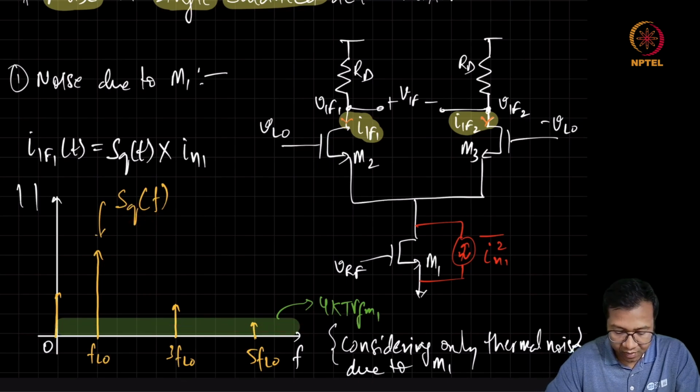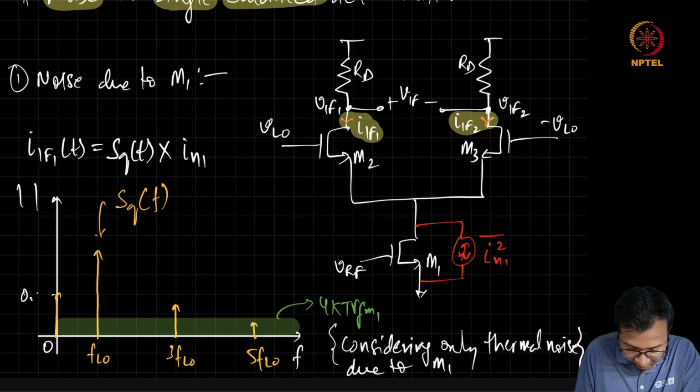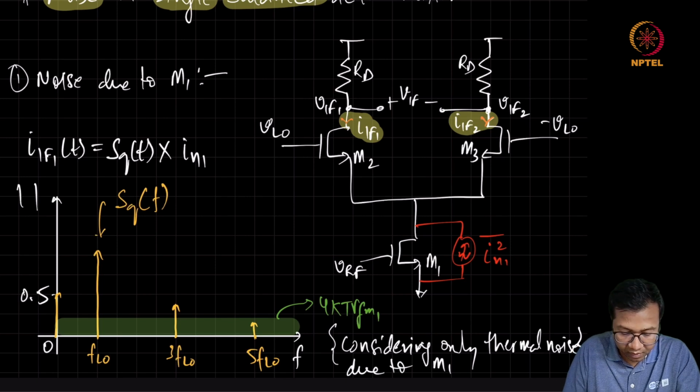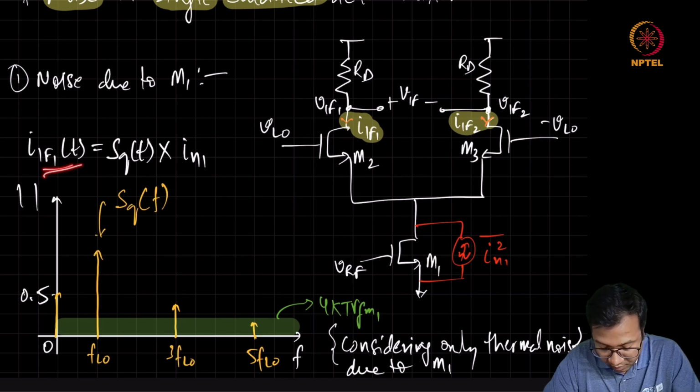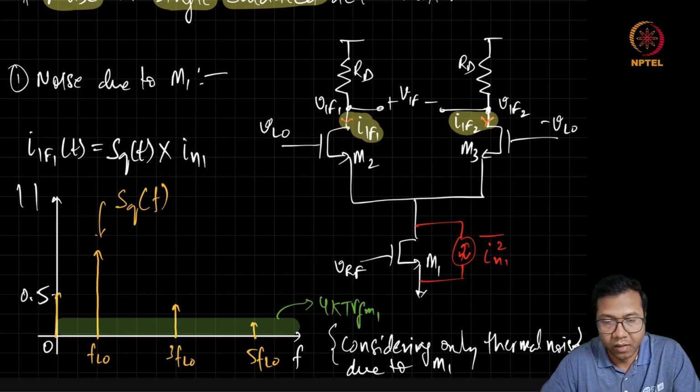And here we can see that since it is going to be a 50% duty cycle, this is going to be, let's say, 0.5. In such a scenario, if we find the PSD of the current in the IF1, that is going to be reduced by half as compared to the thermal noise coming from the M1.